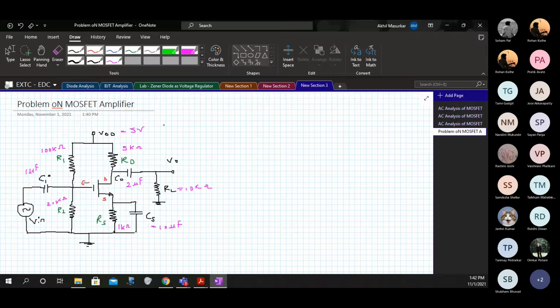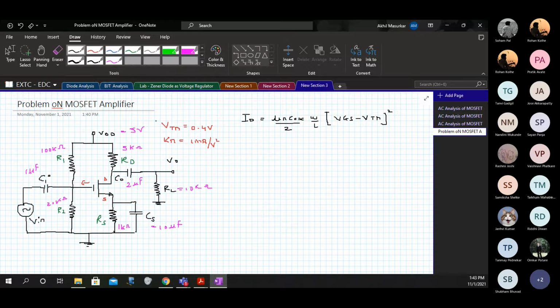And what you will always be requiring is VTN, the threshold voltage of the MOSFET, which is 0.4, and Kn is equal to 1 milliampere per volt square. Now understand that the equation for ID which I showed you was mu n Cox W by L, this entire thing upon 2, into VGS minus VTN or VTO the whole square.